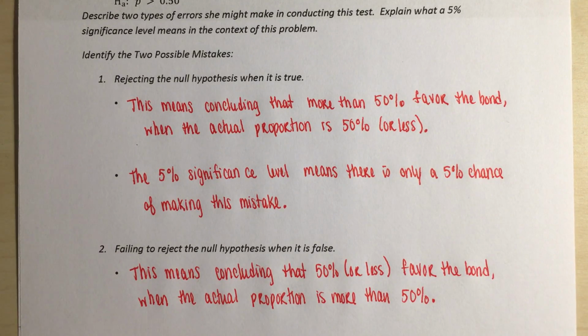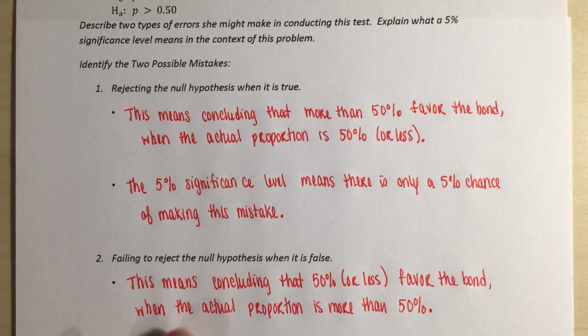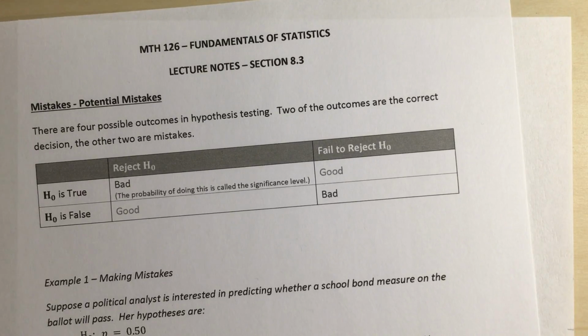So there are two different possible types of mistakes. We can reject the null hypothesis when it is true, which is tied to our significance level. Failing to reject it when it's false is our other possible type of mistake.